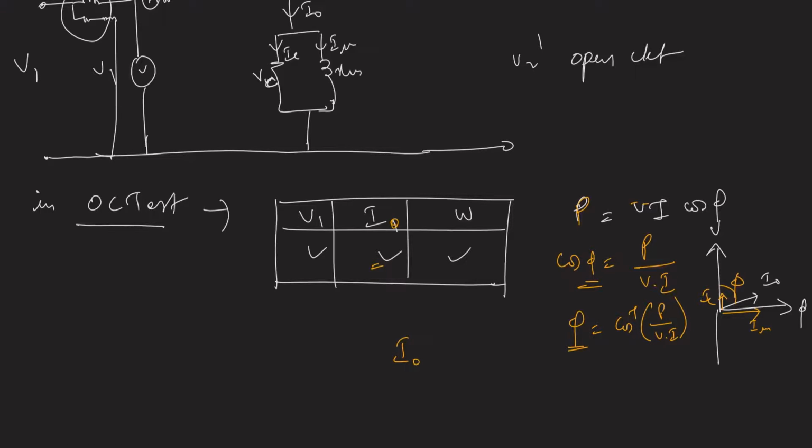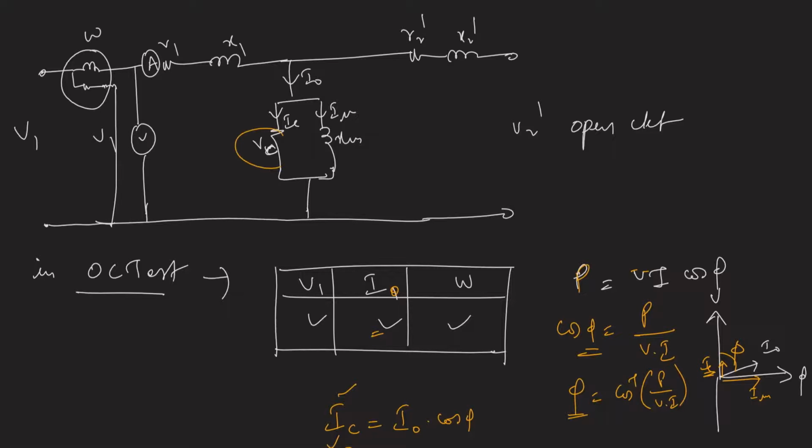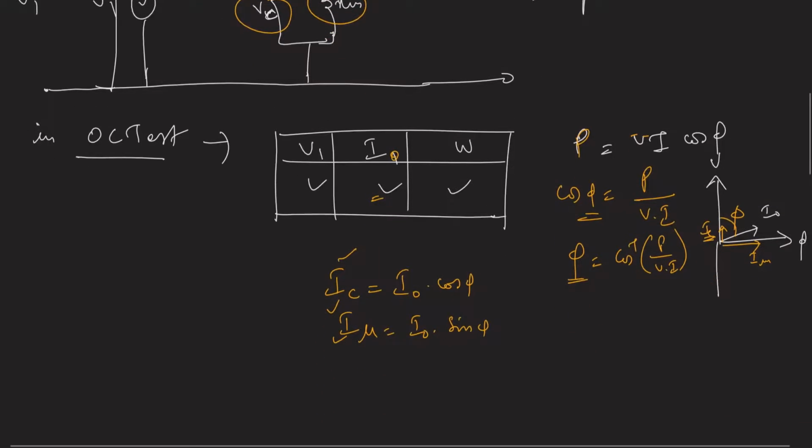So the I naught cos phi component is IC, and I mu is the I naught sin phi component. So I can now calculate the core loss component of current and the magnetizing component of the no load current. Once I know these, I can calculate the branch values.